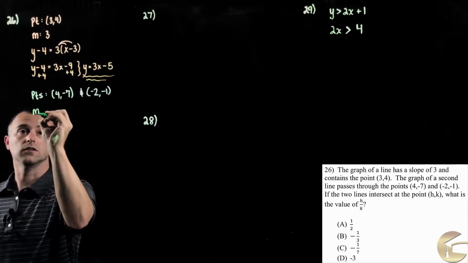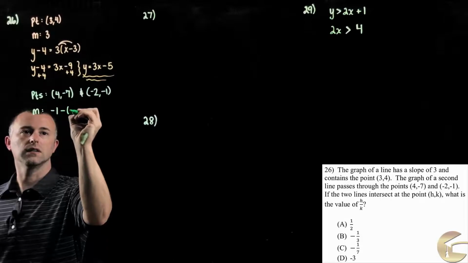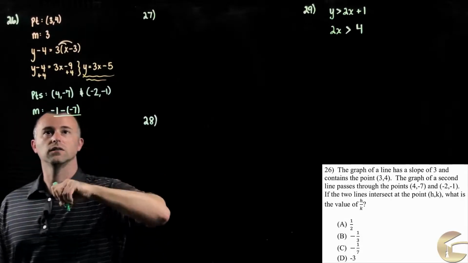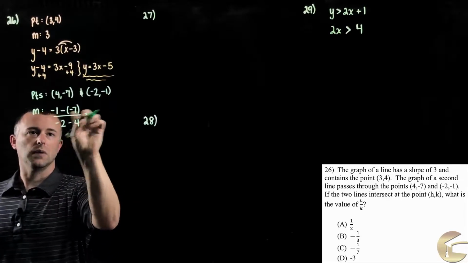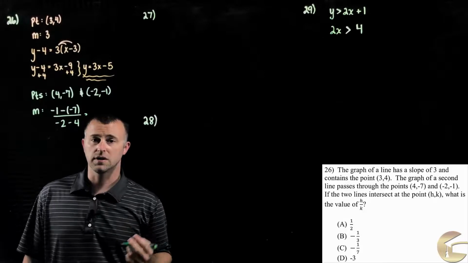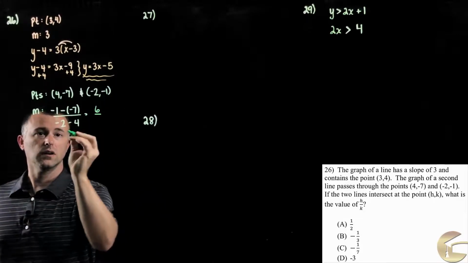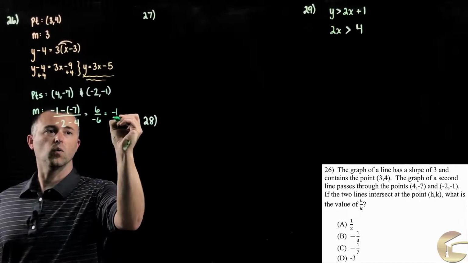So to find the slope, I'm going to go y2 minus y1, so negative 1 minus negative 7, over x2 minus x1, so negative 2 minus 4. Minus the negative for the numerator, that's going to be addition, so negative 1 plus 7 is going to be 6. Negative 2 minus 4 is negative 6, so we get a slope of negative 1.